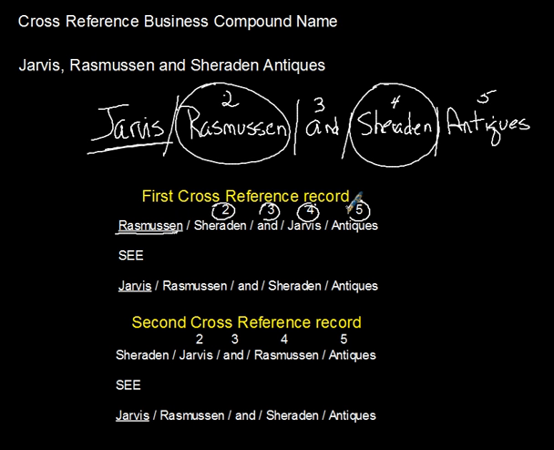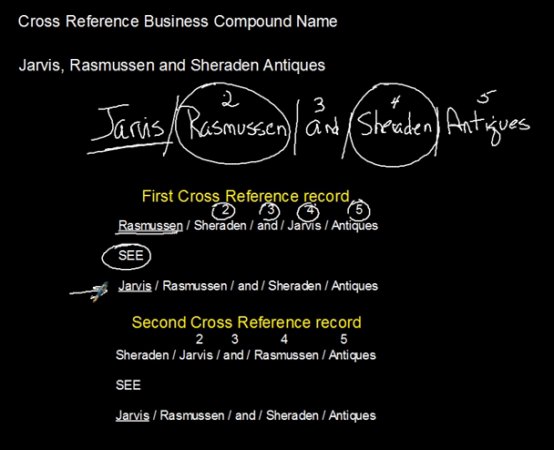We need to send people to the primary record, so we'll put our C in there, and then here's the correctly coded filing segment for the primary record of this company. So we're going to look for Rasmussen, and we'll find Rasmussen, but it's going to send us to Jarvis, Rasmussen, and Sheridan Antiques.